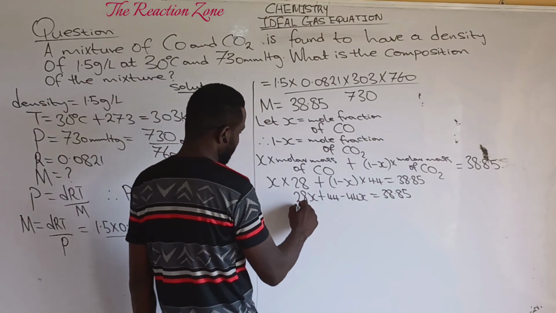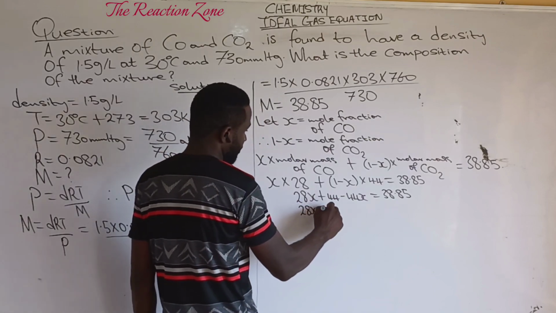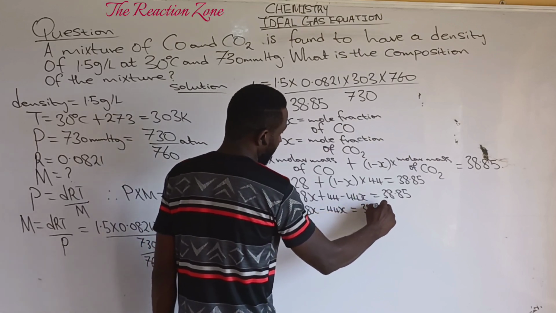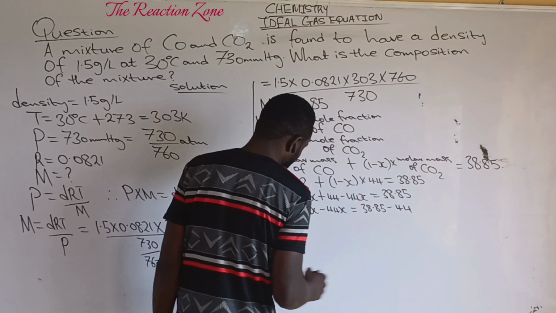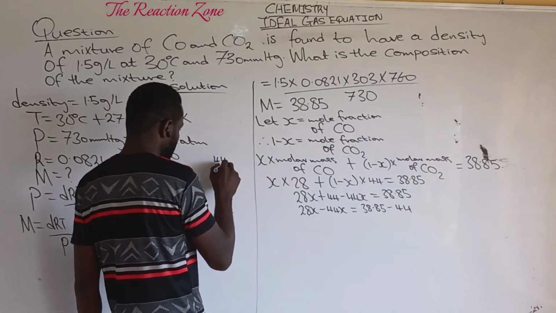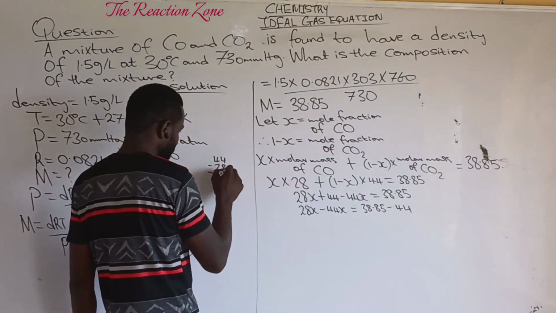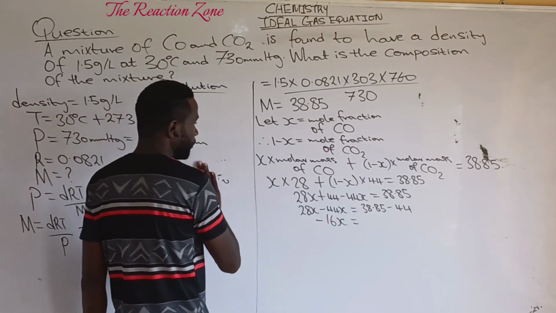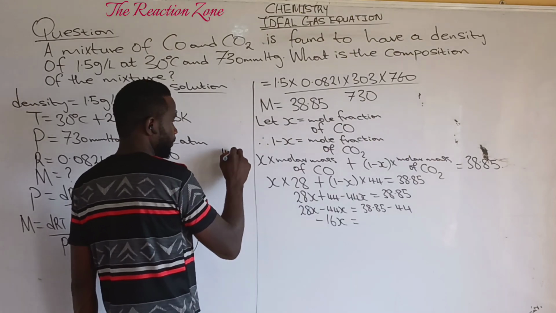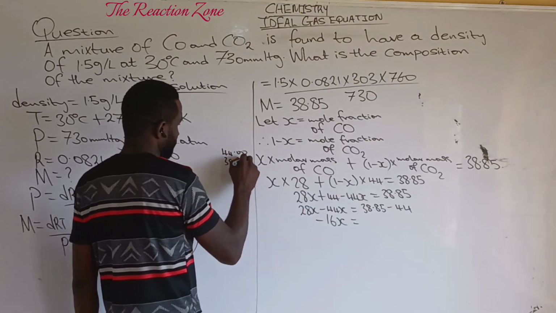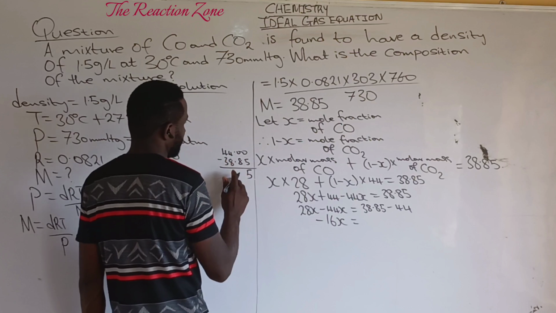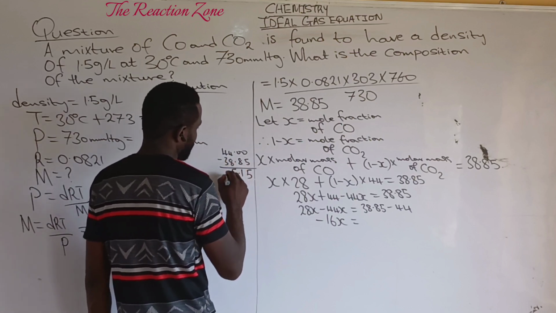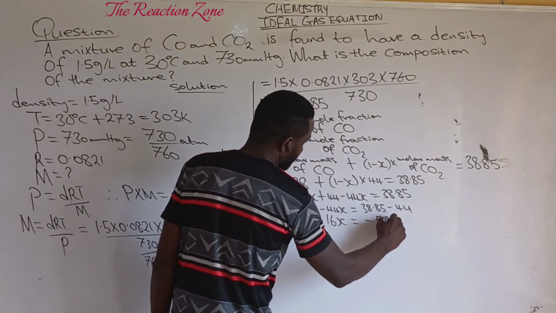So you collect like terms. 28x minus 44x will be equal to 38.85 minus 44. 44 minus 28, this is going to give us, so this will become minus 16x will be equal to minus 5.15.